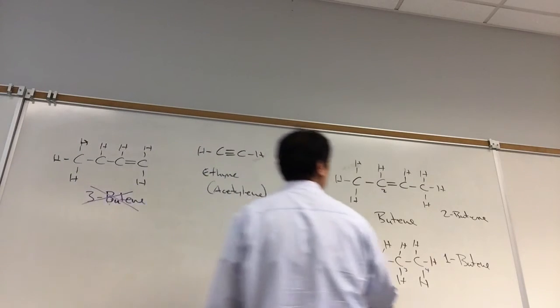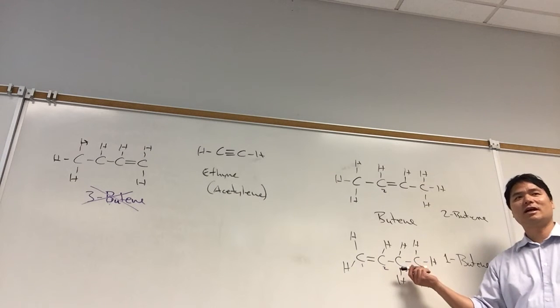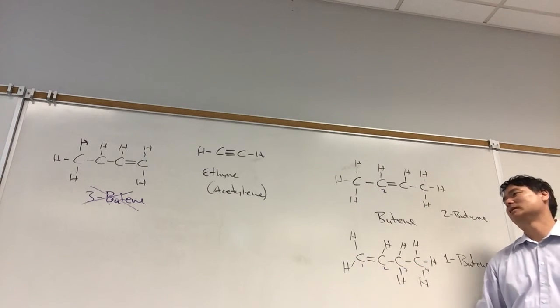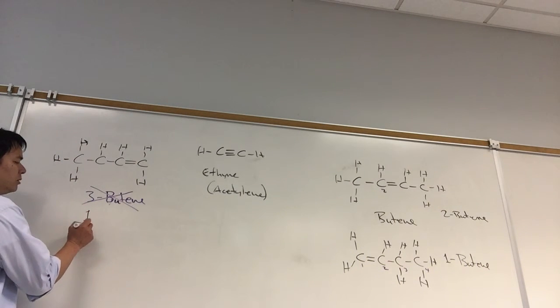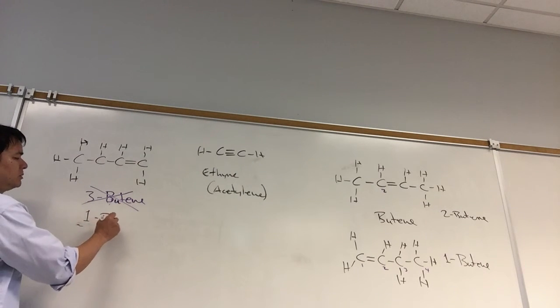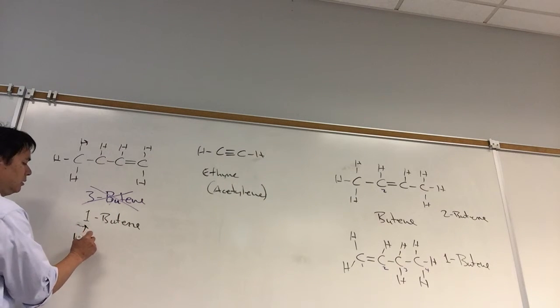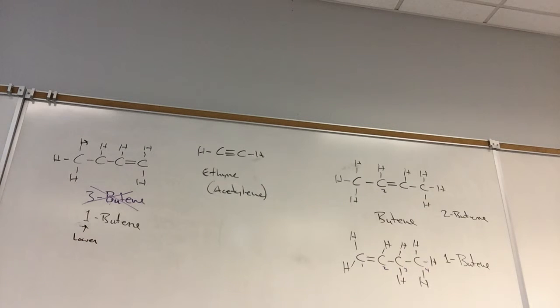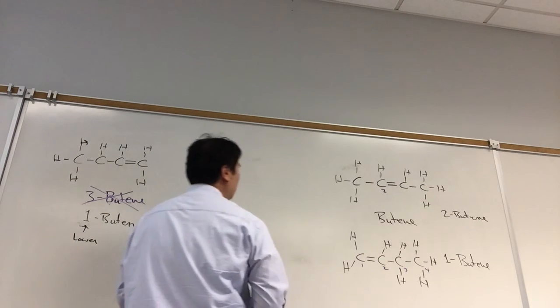If you take 1-butene and flip it over, it looks like 3-butene. So 3-butene and 1-butene are the same thing. We always want the lower number. And so, which one is it, 3-butene or 1-butene? No, it's going to be called 1-butene because it has a lower number, and we want the lower number rather than the higher number. All right, how about this?